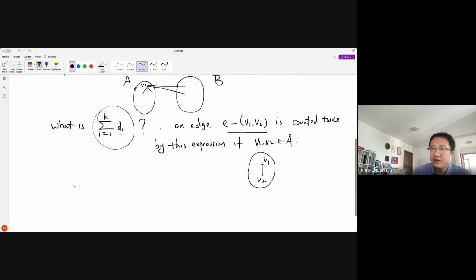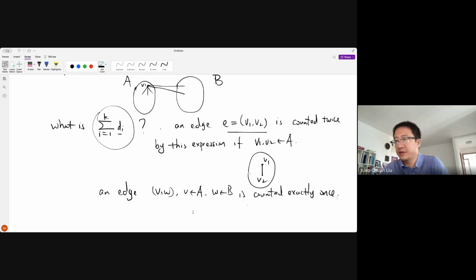And if an edge vw, where v belongs to A and w belongs to B, this kind of edge is counted exactly once. Do you agree? This is a key observation of this proof, of this direction. What do you think?